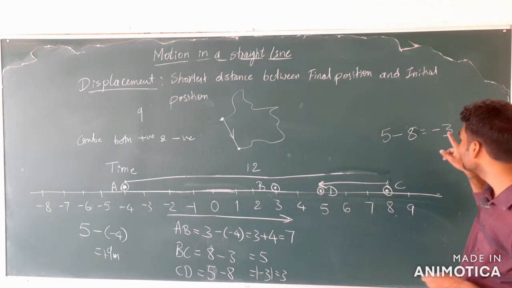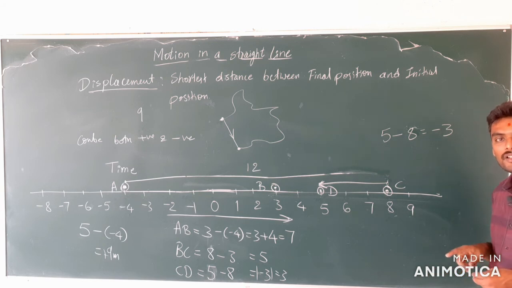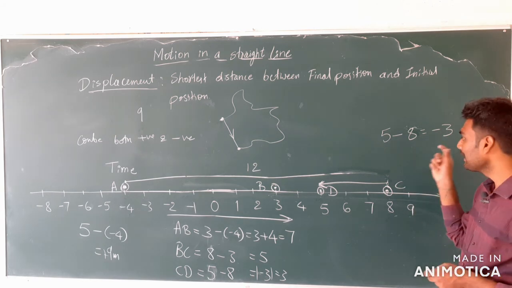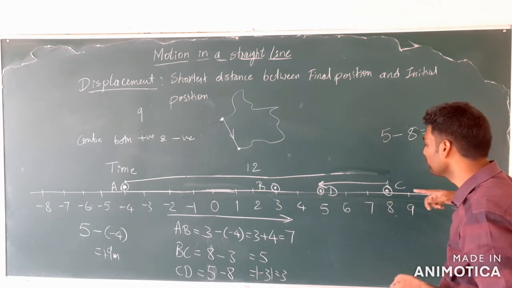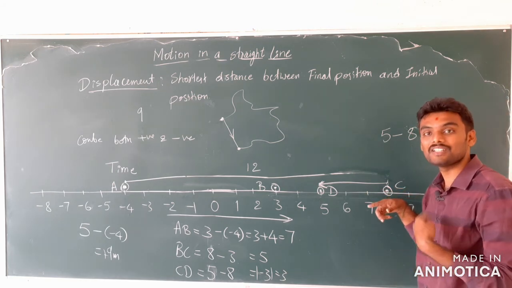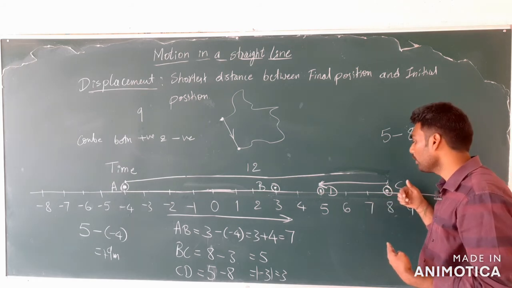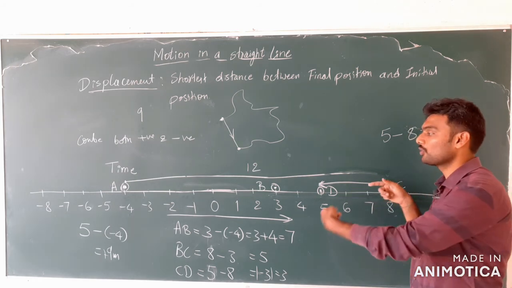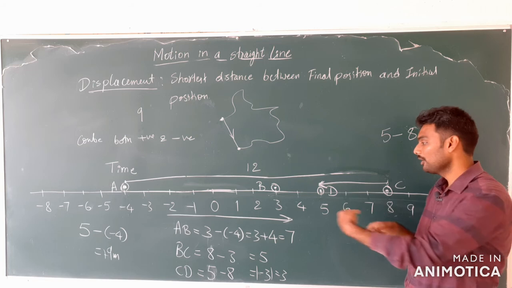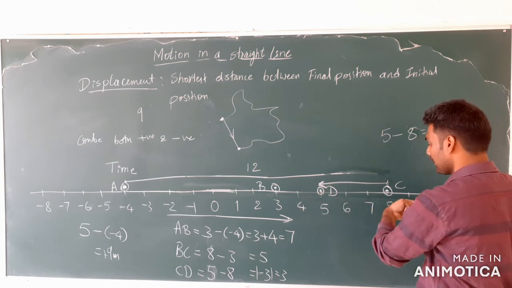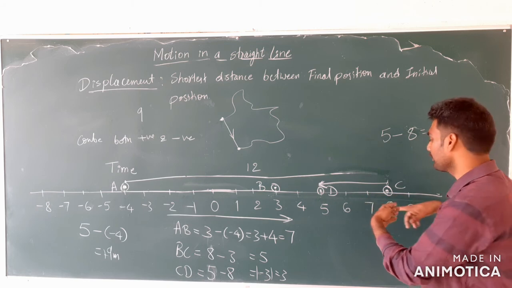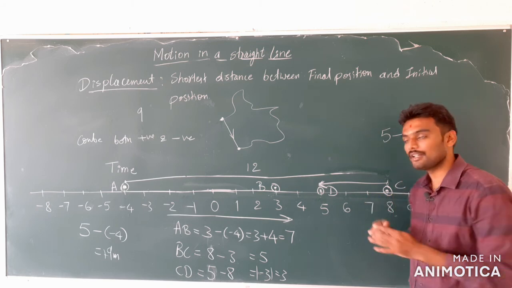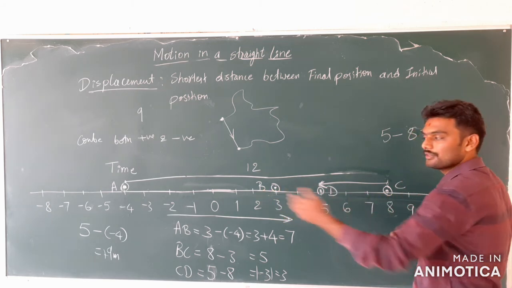What do you mean by this minus 3 meter? The negative sign associated with the number shows that our body has shifted to the opposite side of the coordinate system, because the coordinate system has direction like this, but the body has shifted opposite to that. Somewhat like it has moved to the left.